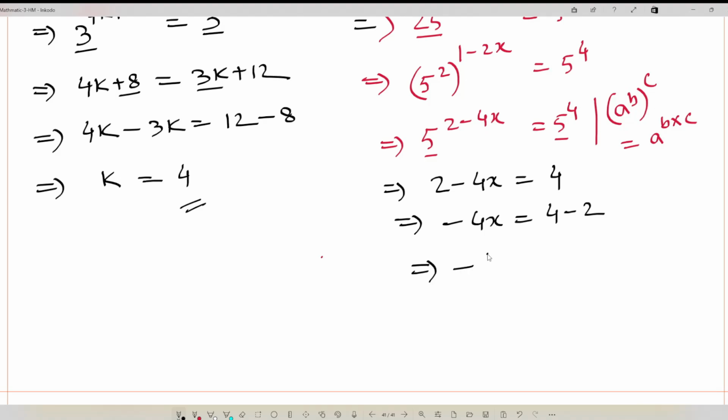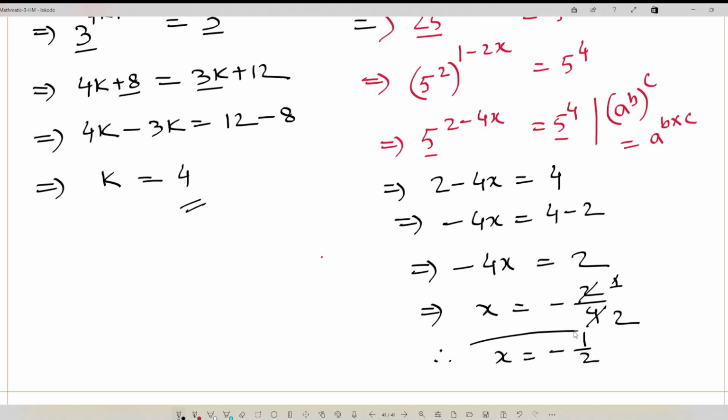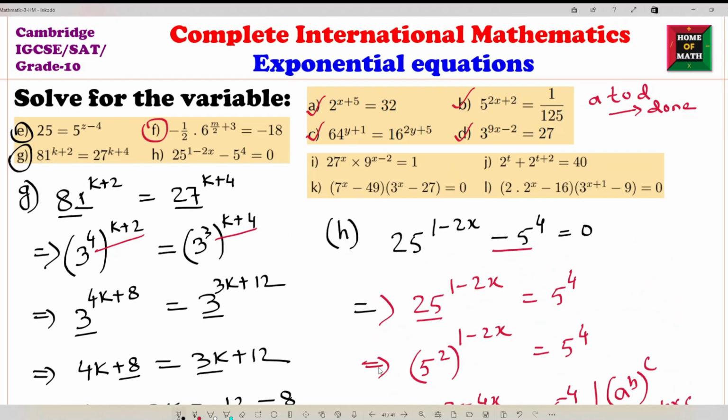Now minus 4x equals 2, then we divide both sides by minus 4, so x equals 2 divide 4, 4 divide 2 means 2, so our answer is x equals minus 1 divide 2. This is our answer.